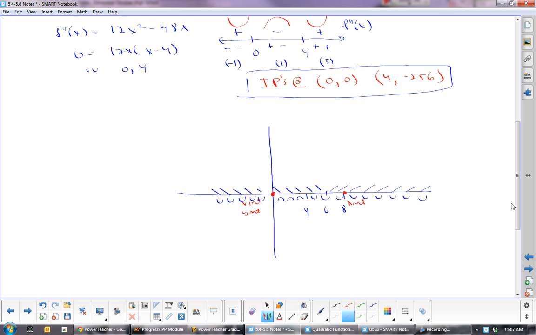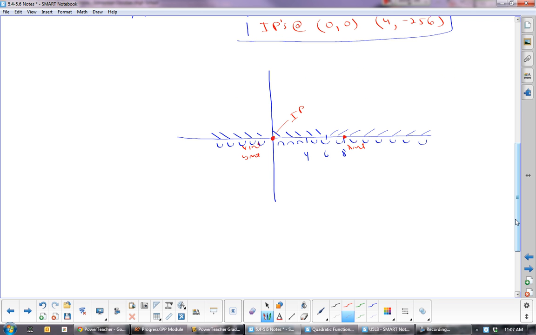Inflection points. I have an inflection point at 4, negative 256. I don't know how big I want to make my scale, but maybe I'll put negative 256 here. So right here I have another inflection point. Those are my 2 inflection points.